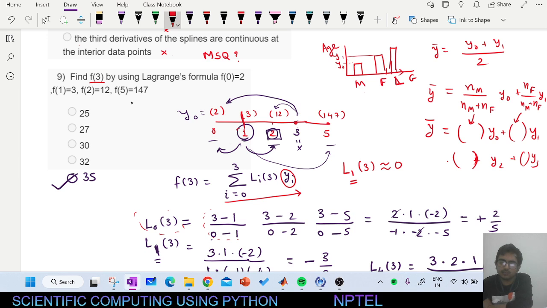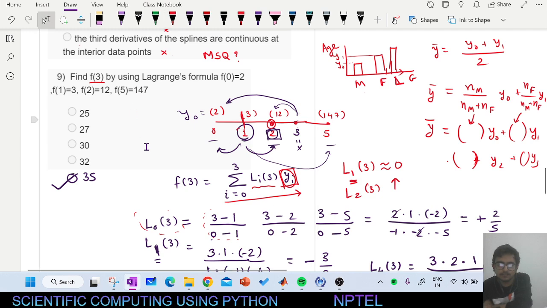On the other hand, if you have L2 of 3, which is very large, then what it means is that this point is given much higher weightage than 1. Okay, so these Lagrangian multipliers can be thought of as weights by which these yi's are given importance. Okay, that's how I see it.